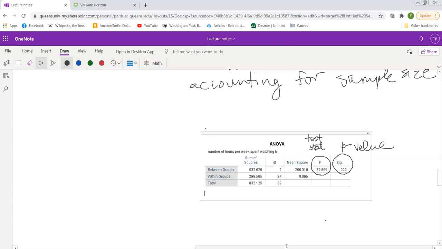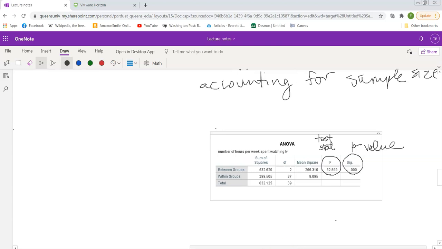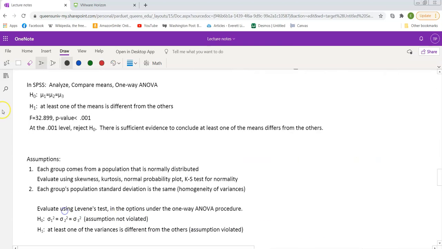We just put p less than 0.001. It's a little bit more of a professional way to write that. So this tells us that at the 0.001 level, we would reject H0 and say that there is sufficient evidence to conclude that at least one of these means differs from the others.